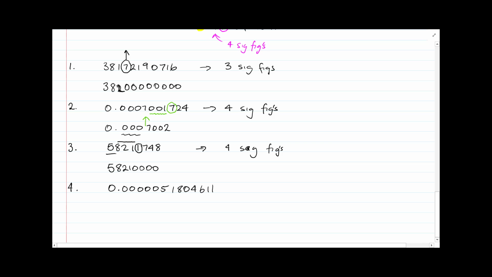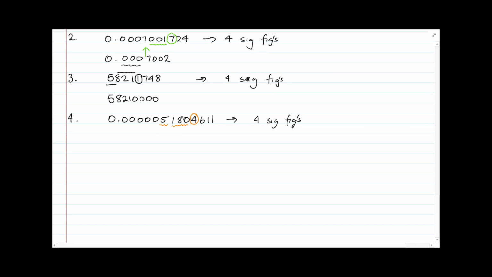And my last example, 0.000005180461. And I'm going to do this one to 4 significant figures. So in this case I take my leading significant figure 5, I add to it 3 more additional significant figures, and I take the 5th significant figure and use it as a rounding key.